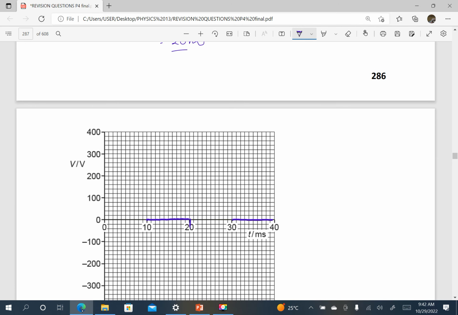So here it is 100 divided by 5. That is, each of these is 20. So I'm looking for 320. That will be one small square. So the peak will go 1, 2, 3, 4, 1, 2, 3, 4, 5. The peak will be here. The other part will be 0. So 1, 2, 3, 4, 5.